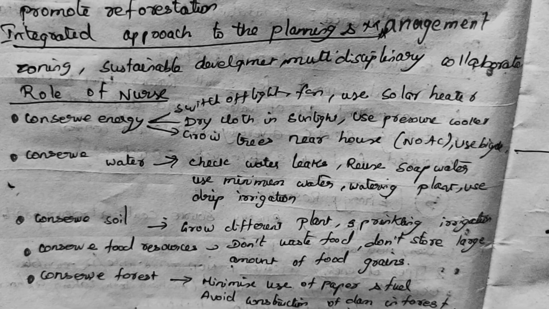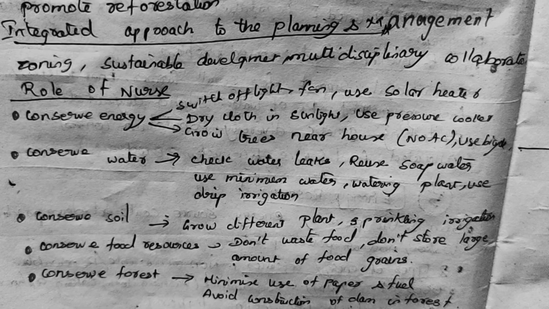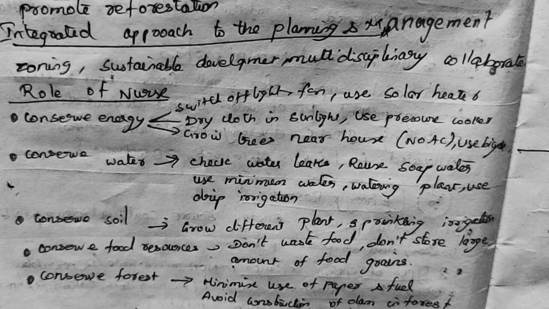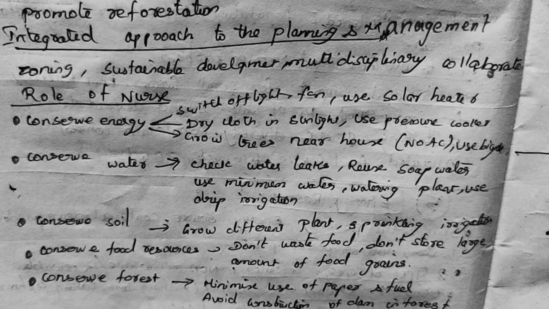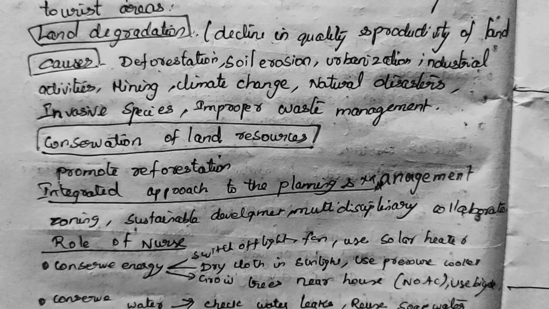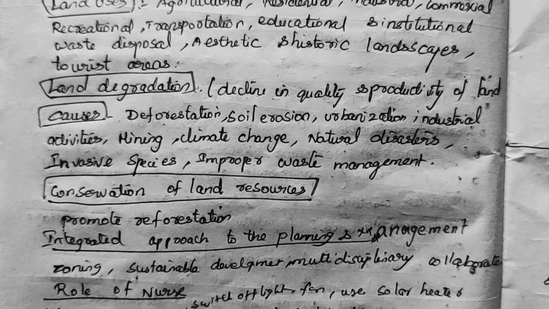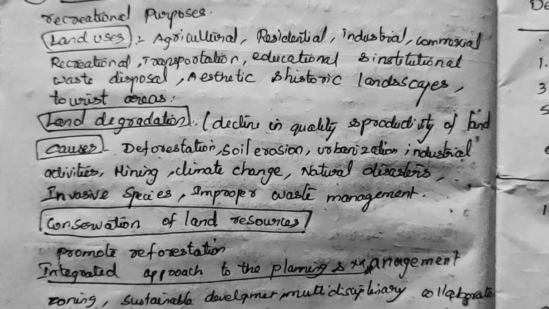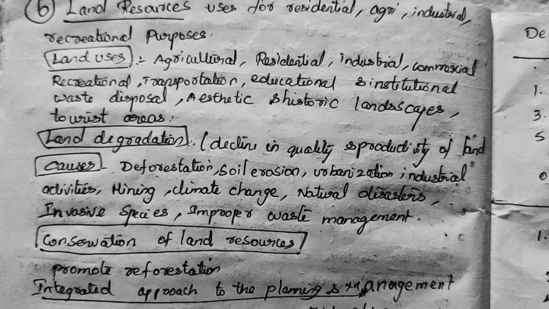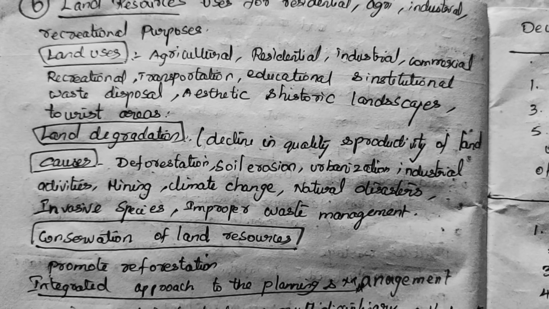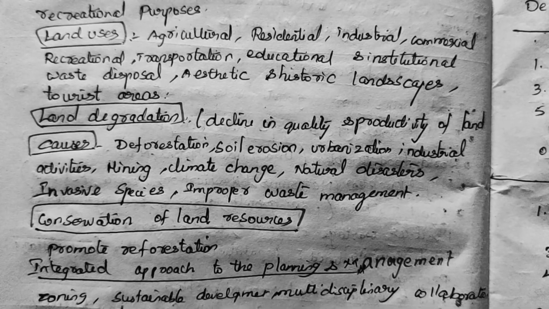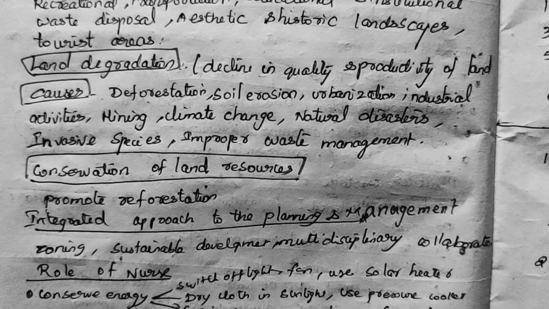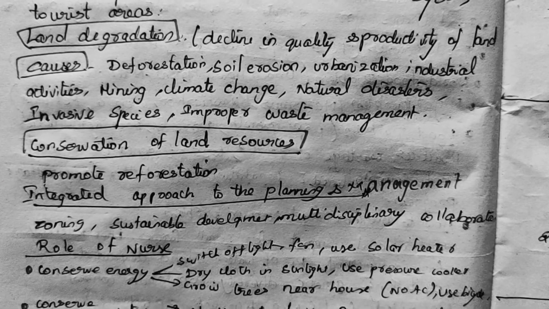So what is the role of the nurse in conserving energy, water, soil, food resources, and the forest? Okay, so this is about the land resources. So what are the uses, the degradations, the causes, how to conserve, what are the integrated approaches to planning and management, and what are the different roles of the nurse.